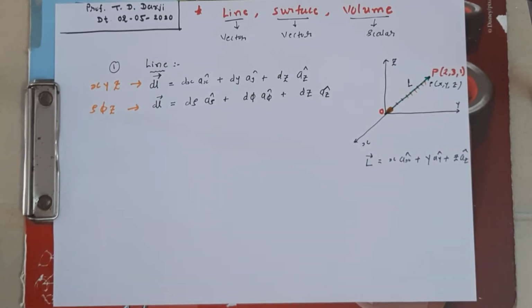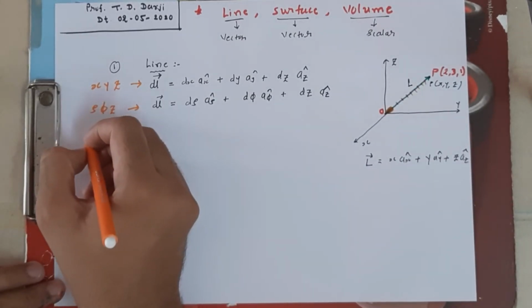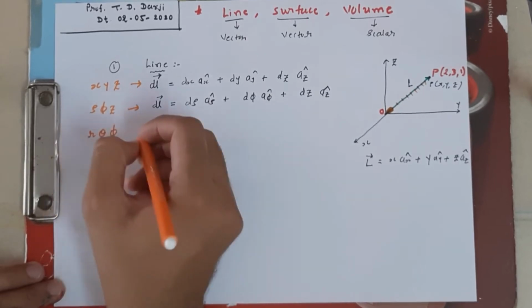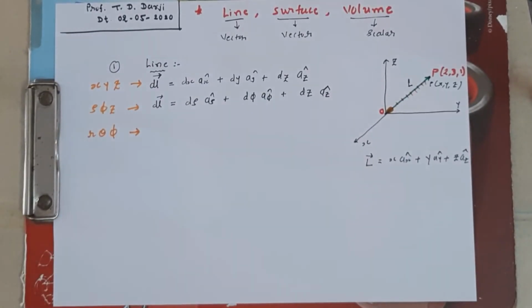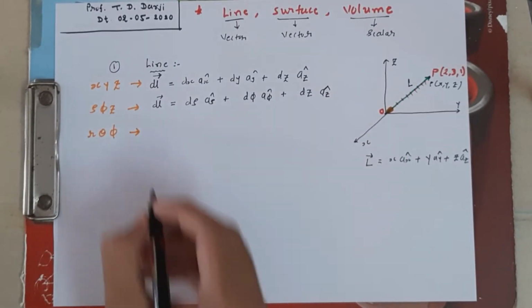And next is r, theta and phi, the line equation in the spherical coordinate system.